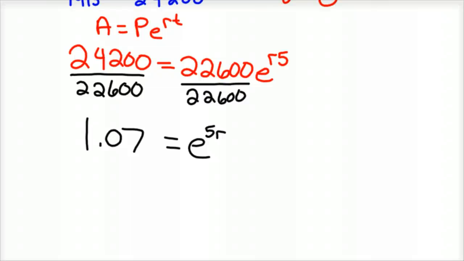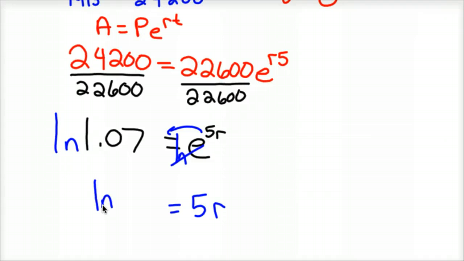we have an R in our exponent, so we're going to have a natural log in here. So we'll take the natural log of both sides, and what that does is it pops the 5R out in front, but also ln and e are inverses of each other, so they eliminate each other. All we're left with on the right side is 5R, which makes it convenient. And on the left side we have the natural log of 1.07.